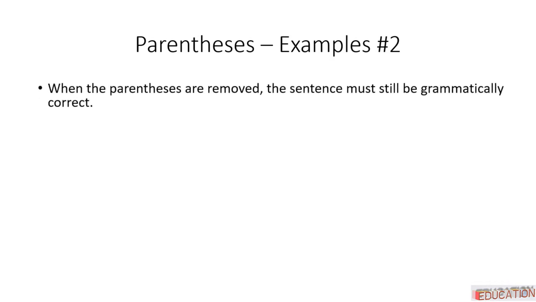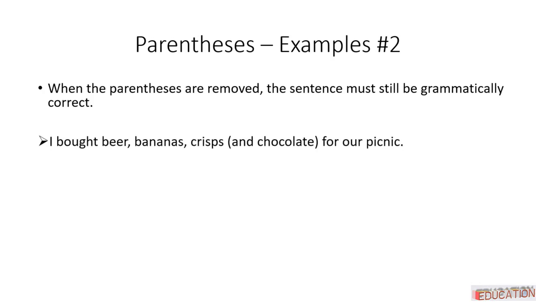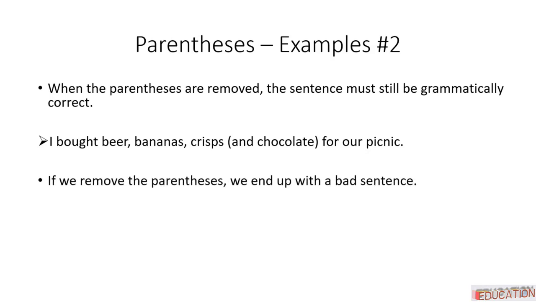And also importantly, when the parentheses are removed, the remaining sentence must still be grammatically correct. So here's a sentence. I bought beer, bananas, crisps, and chocolate for our picnic, which sounds sort of okay. But if we remove the parentheses, we end up with a bad sentence, which is, I bought beer, bananas, crisps for our picnic.